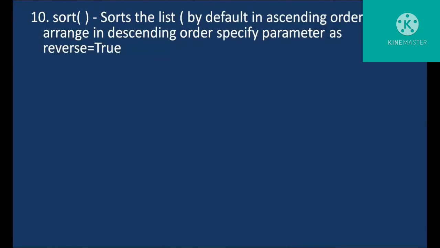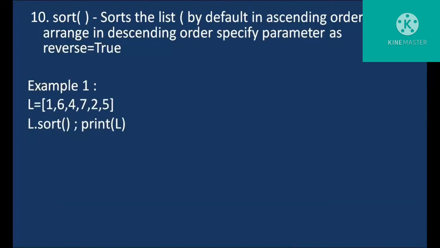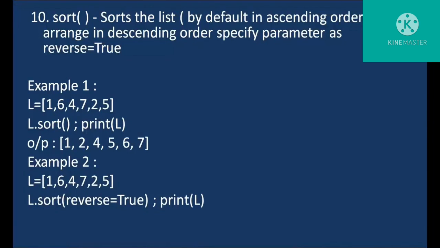नाउ सी द एग्जांपल. L इक्वल्स टू मैंने लिया 1 6 4 7 2 5. L डॉट सॉर्ट कर दिया है. सो आउटपुट क्या आया? 1 2 4 5 6 7. ये बाय डिफॉल्ट अरेंज कर दिया किसमें? असेंडिंग ऑर्डर में. ओके, नाउ सी द अनदर एग्जांपल.